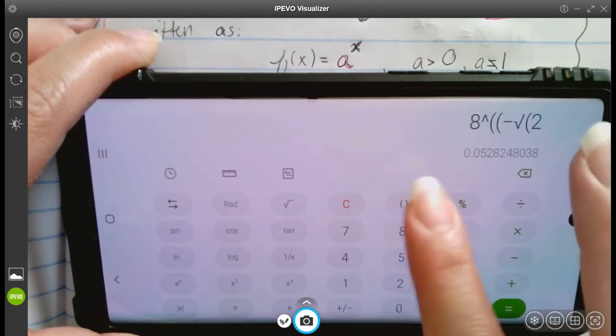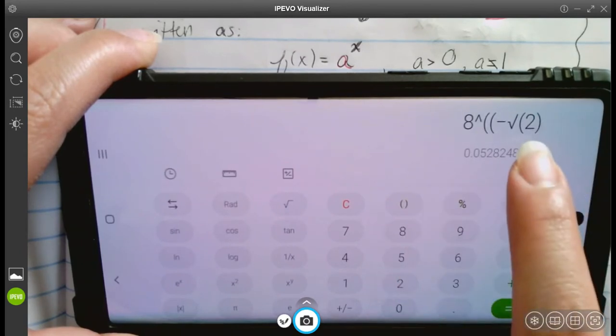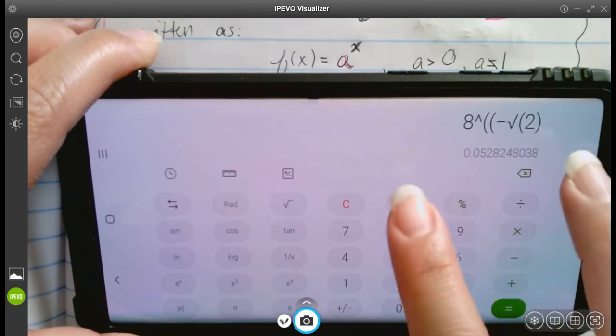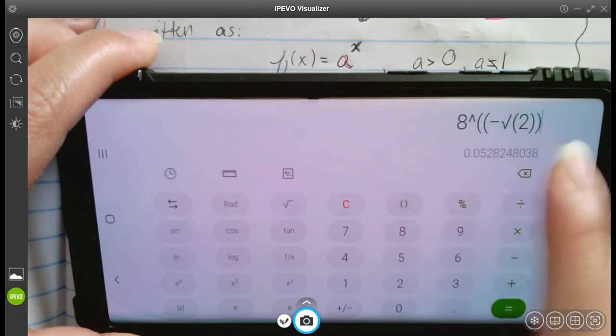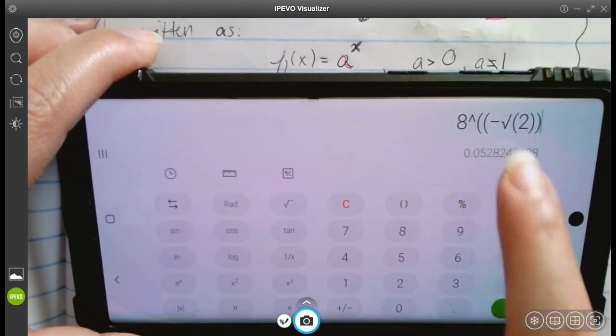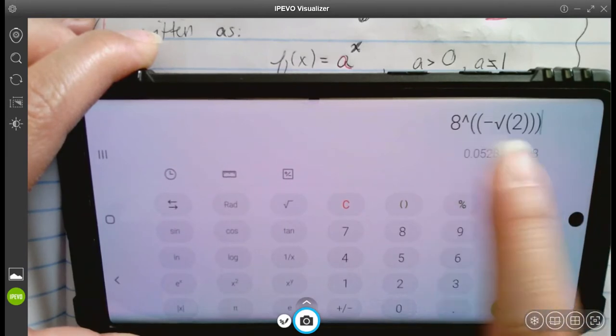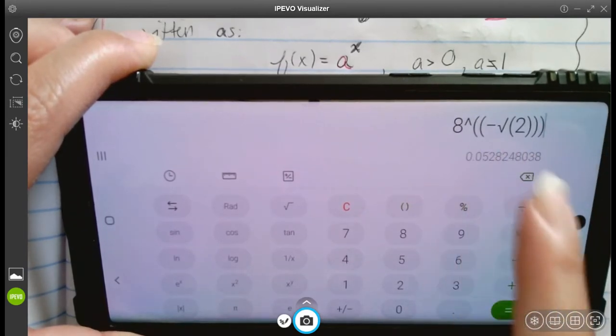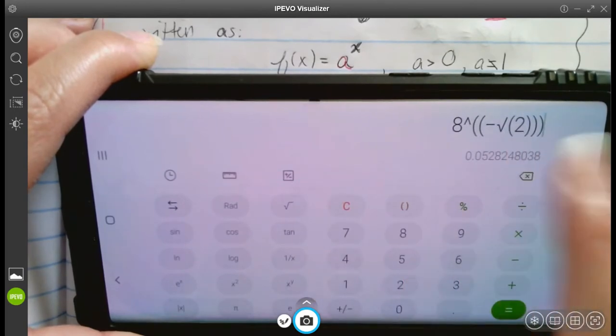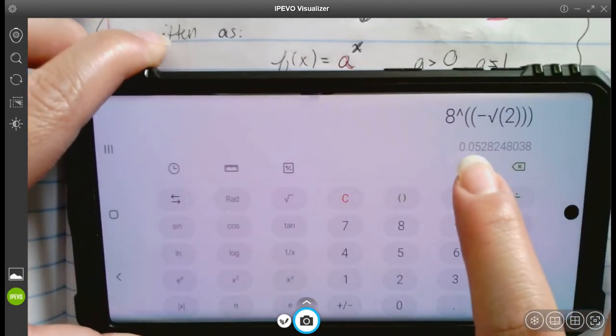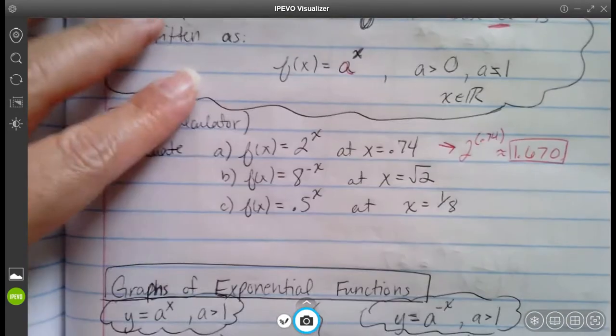Notice all the parentheses that are popping up here. This parenthesis is to cover the 2, so I'm going to close that one, and this one is to cover the root. Just be careful and keep track of your parentheses. I think I put an extra parenthesis, but that's all right, it still came out. So this is approximately 0.0528.